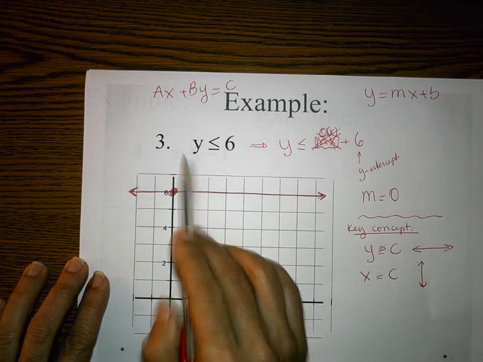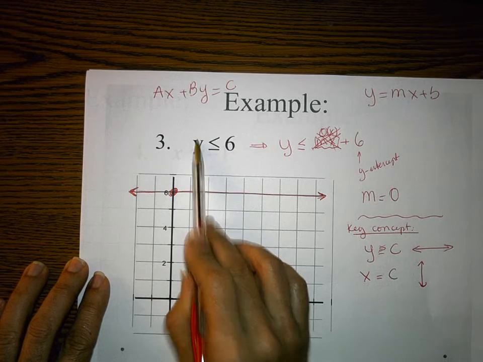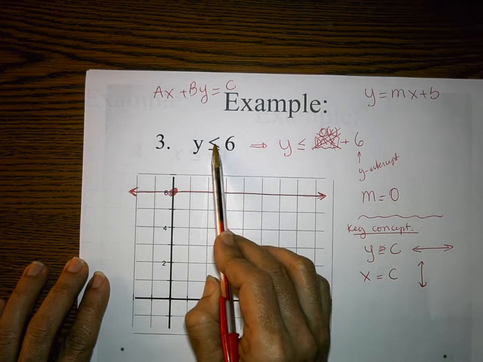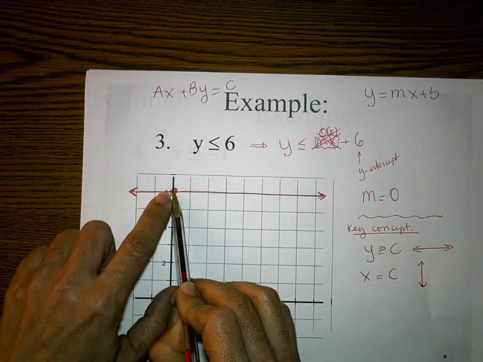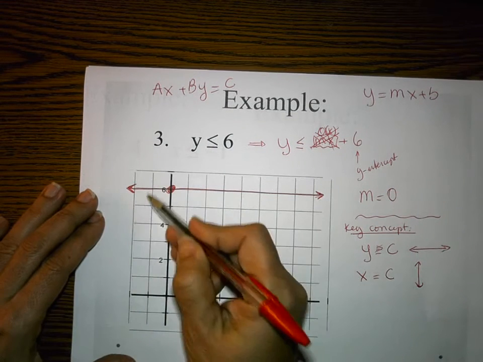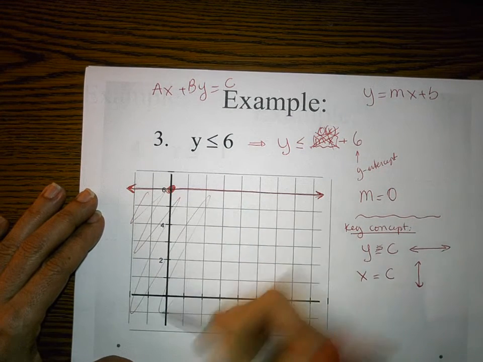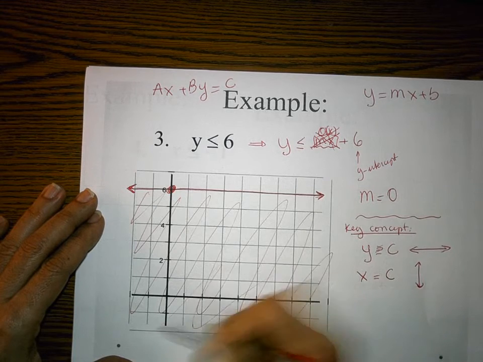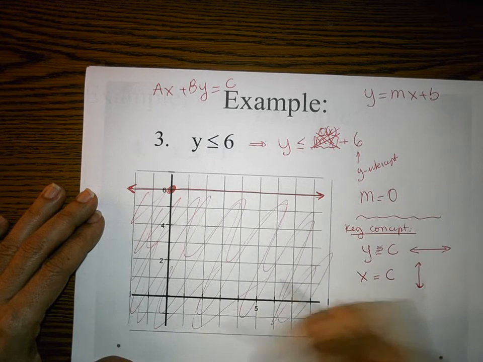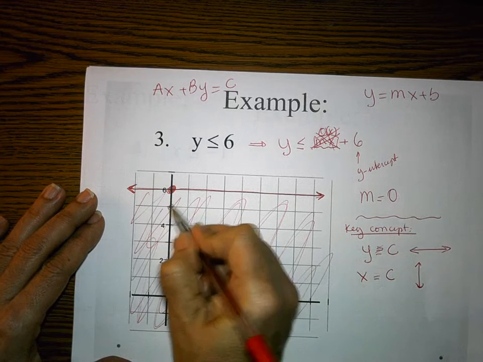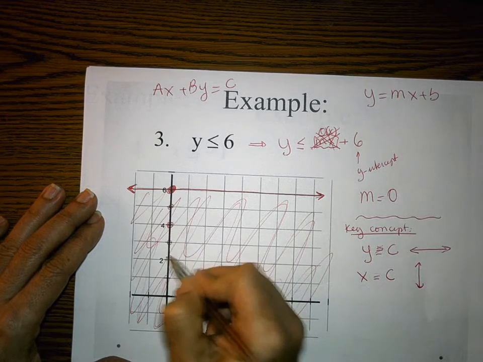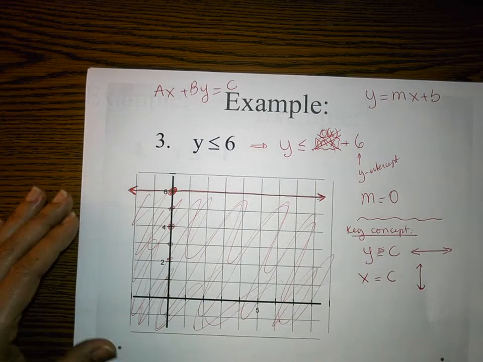Well, I want all the y values that are less than or including the 6. So I included the 6 line, and I want everything below because it's less than, okay? So the truth is you can pick anything here, any y value here is less than 6. 5 is less than 6, 4 is less than 6, any y value here is less than 6, okay?